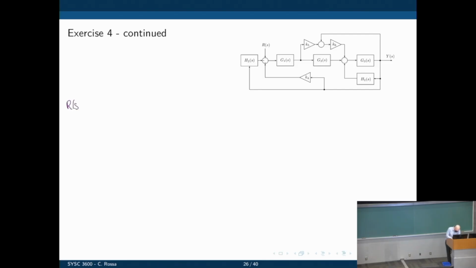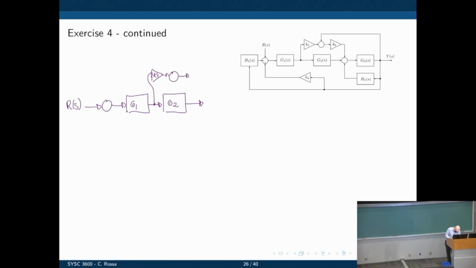R of S is the input. Then it feeds that. We have G1. We have G2. So that's K5. K5 feeds here.